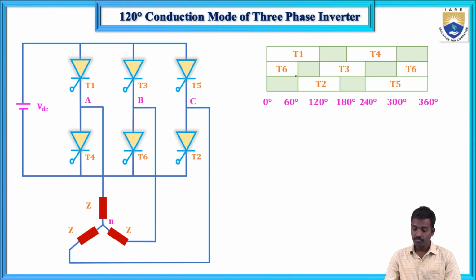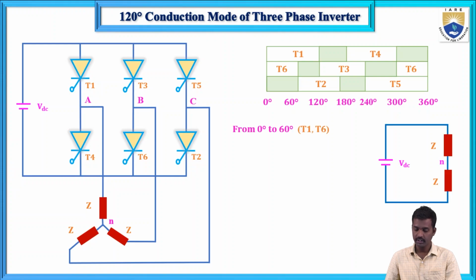Now, during the 0 to 60 degrees case, what are the phase voltages? That I will explain now. How can we draw the equivalent circuit for the 0 to 60 degrees case? In the 0 to 60 degrees case, only the two thyristors T1 and T6 will conduct.